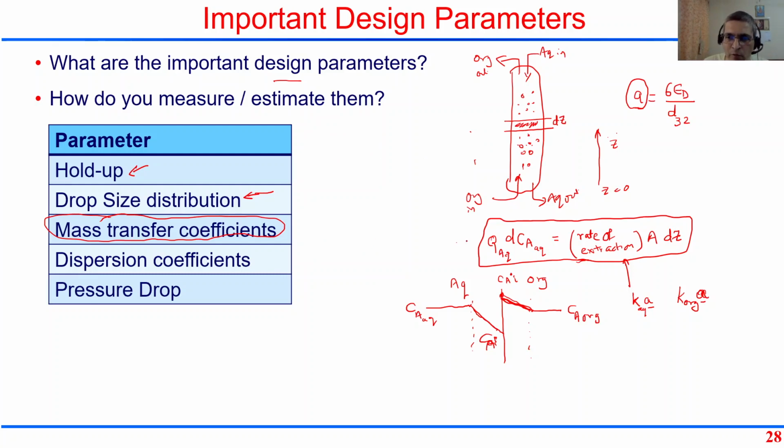Okay. The next thing is, we had assumed last time in the problem that it was all plug flow. This plug flow assumption is what had allowed us to write a differential balance over this dz, right? If the flow of the phases, aqueous and organic, was not plug flow, then can you tell me what kind of correction would you have had to make?